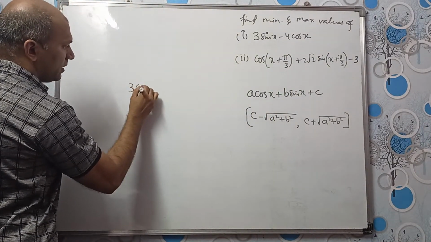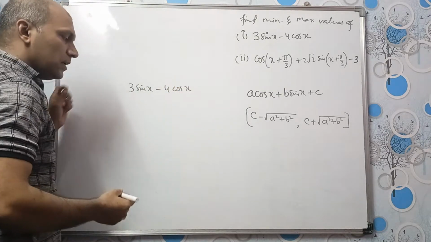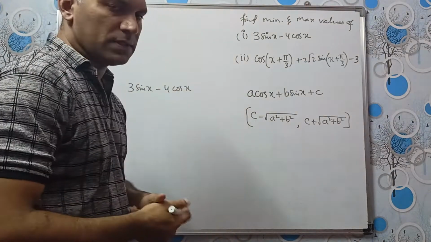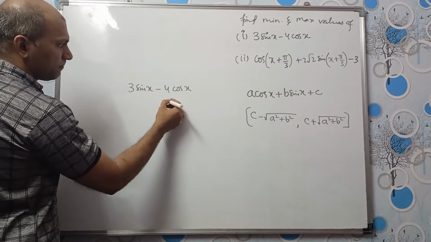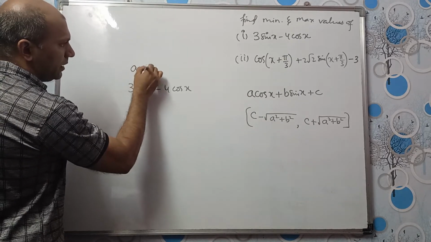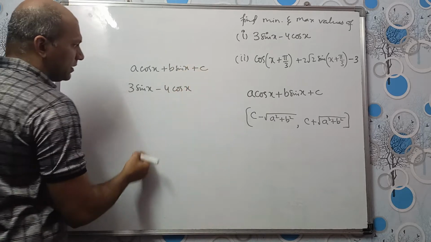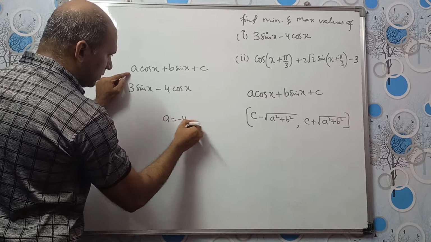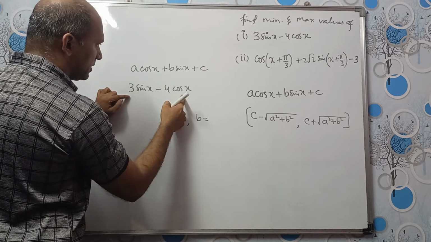So this is 3 sin x minus 4 cos x. It doesn't matter whether you write cos first or sin first. Okay, so this is a cos x + b sin x + c, right? So if you want to compare, a is minus 4, b is 3, since sin and sin are matched, cos and cos are matched.